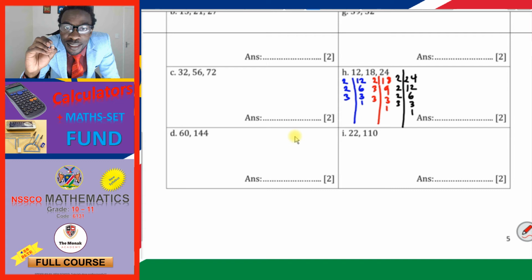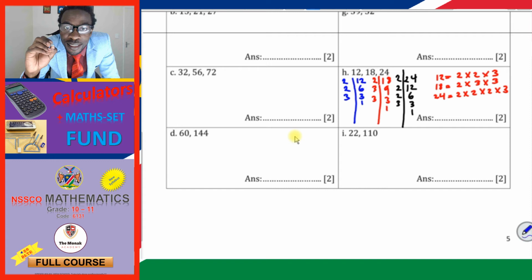Now we rewrite. We know 12 is equal to 2 times 2 times 3. We know 18 equals 2 times 3 times 3. And we know 24 equals 2 times 2 times 2 times 3.